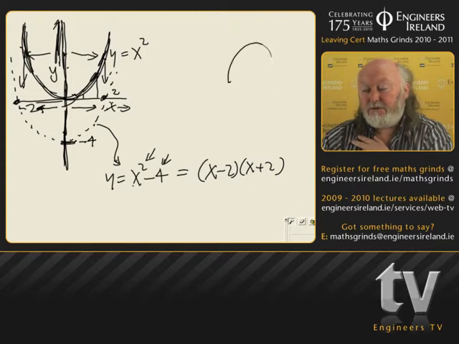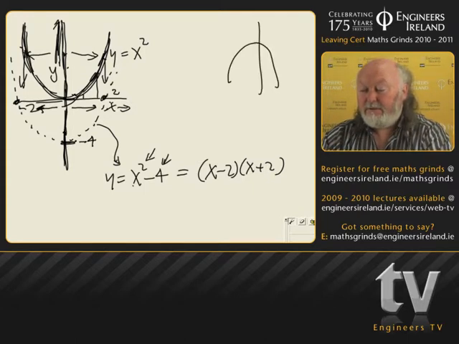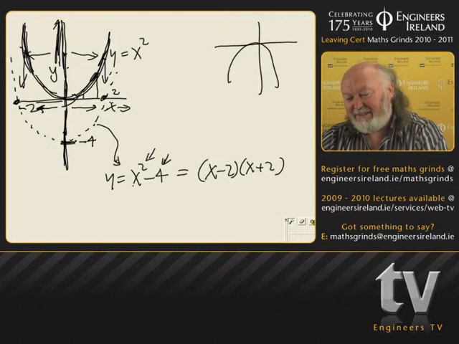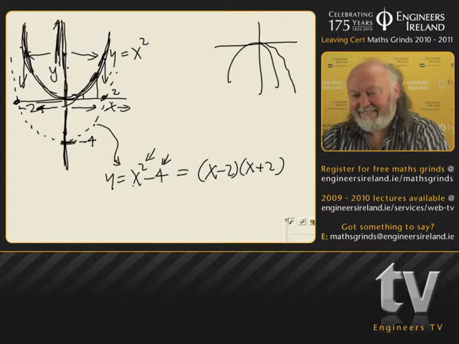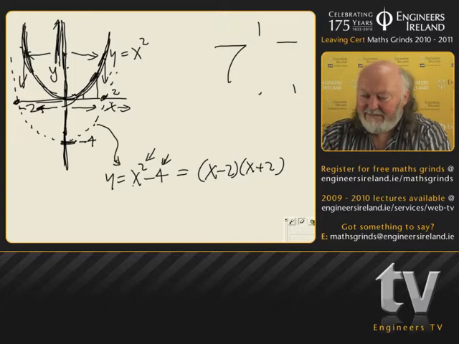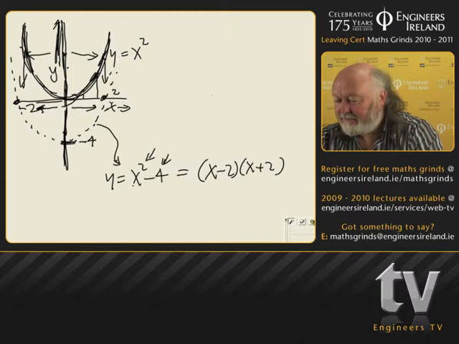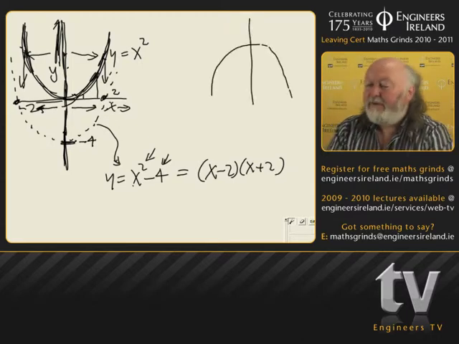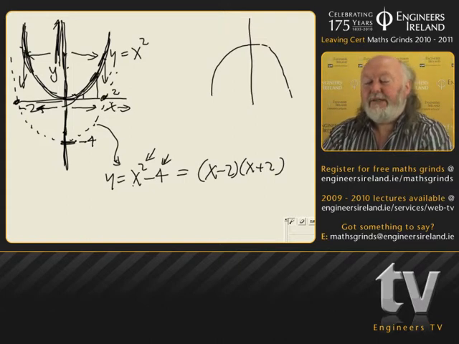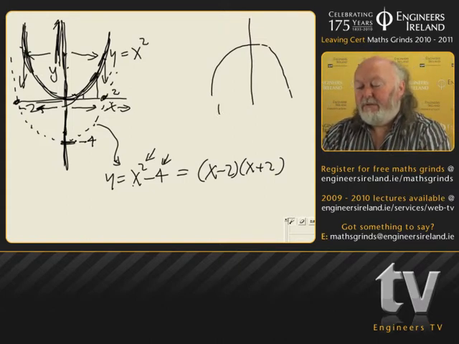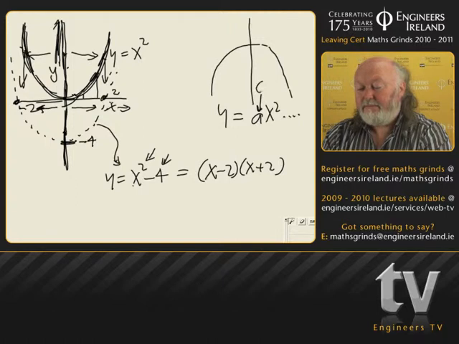And for parabolas that turn this way, for a graph that turns this way, that graph will be y equal to ax squared and some bits, but that a is negative.